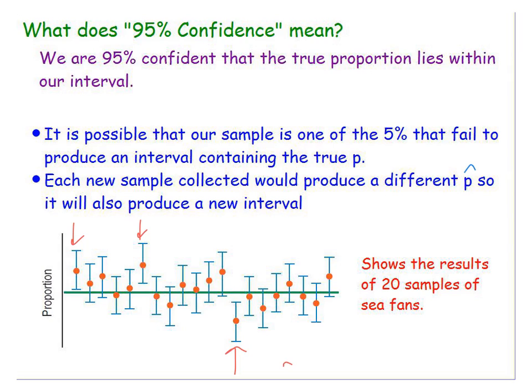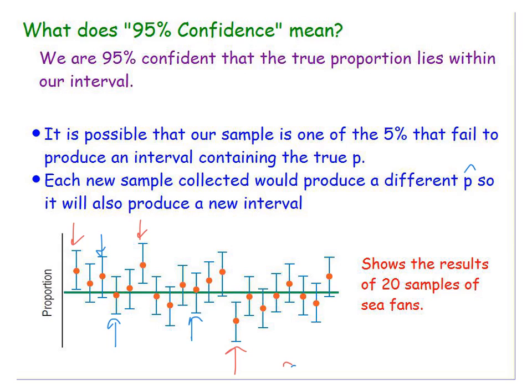The rest of them, some of them, like this one right here, let me change colors. This one right here was very, very close to the red dot, and the red dot is p hat. So was this one. Whereas some of them, we barely made the right answer, like this one right here.